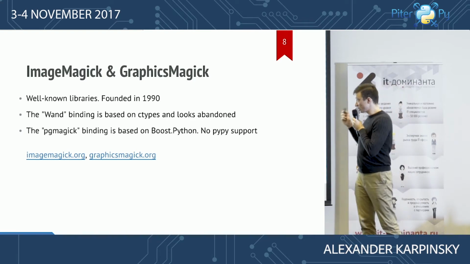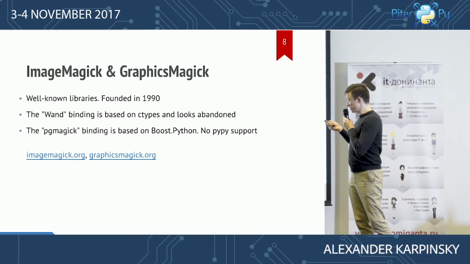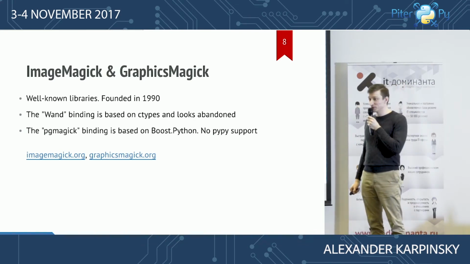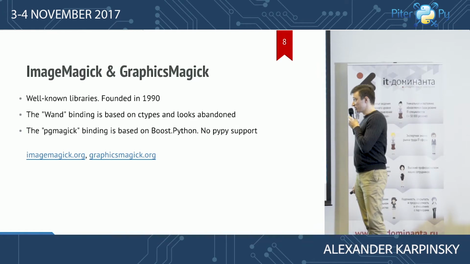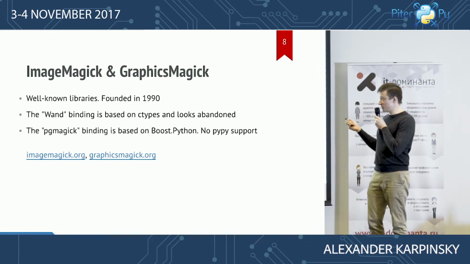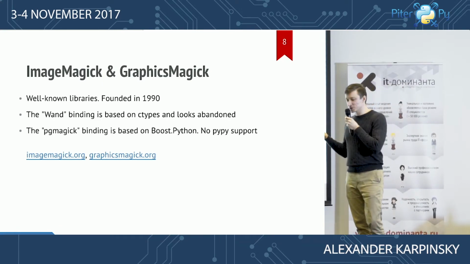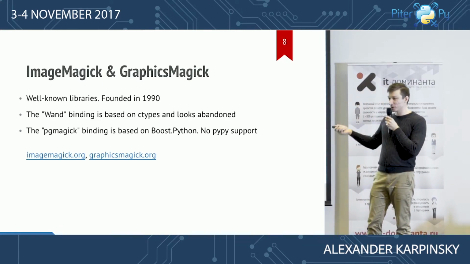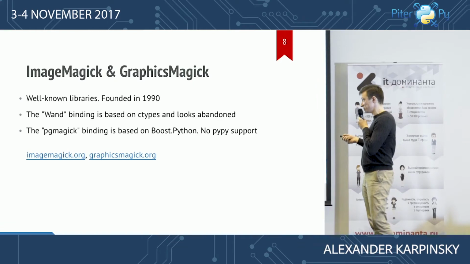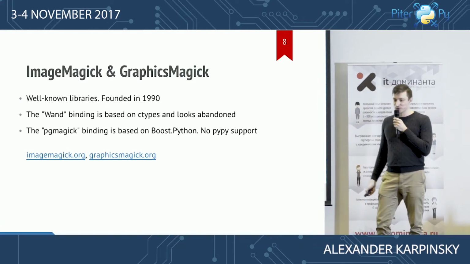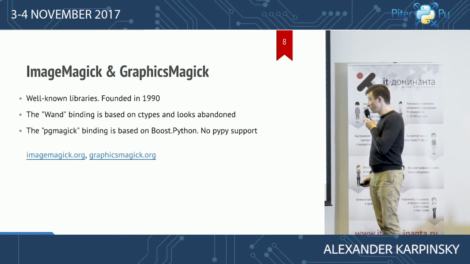For ImageMagick, we have the binding Image1 implemented on ctypes, but it hasn't been updated for a long time. For both of the libraries, there is a binding, PGMagick, which has more functions and is implemented on Boost Python. That's why it doesn't have PyPy support.